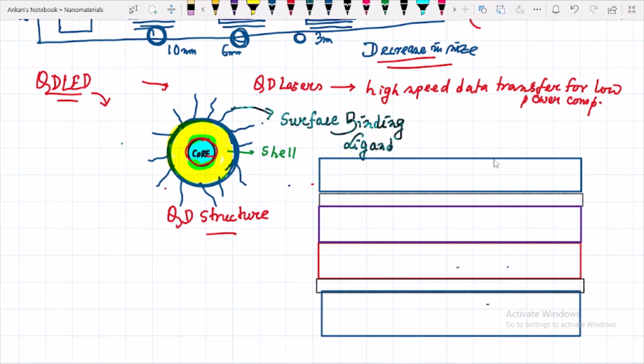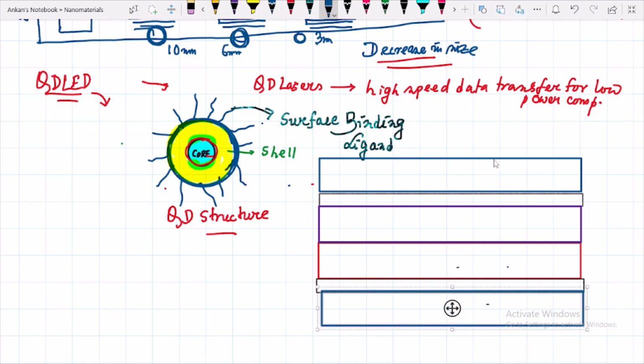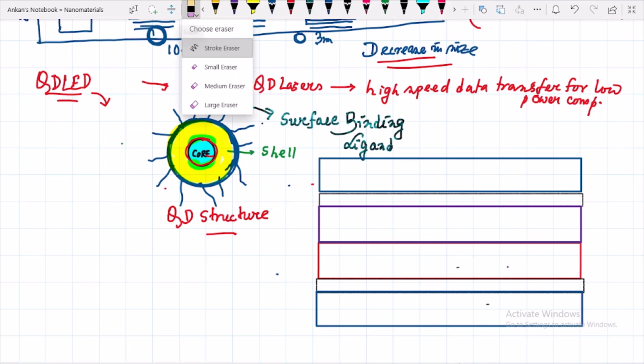This is the last one. Now it is time to name all the lines.